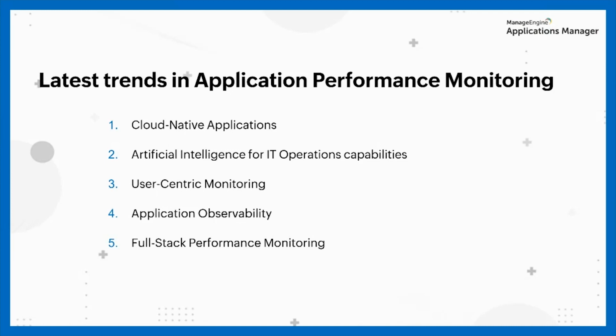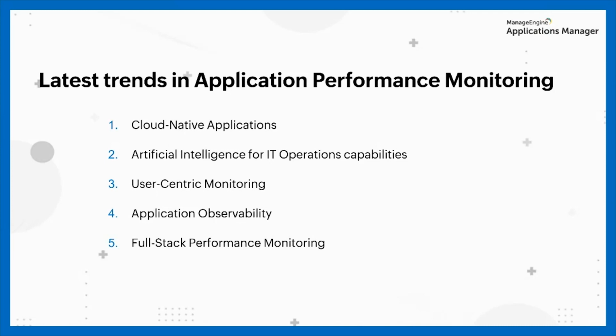The fourth one is application observability. Traditional application performance monitoring is gaining more insights into application behavior using metrics, and also offers deeper insights into distributed traces and logs for better troubleshooting and analyzing the root cause of the issue.